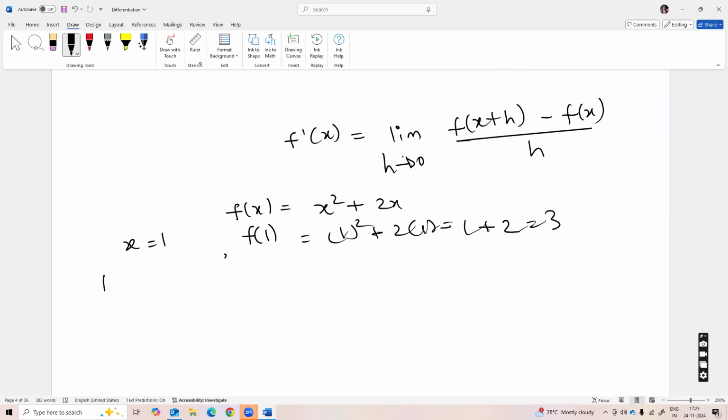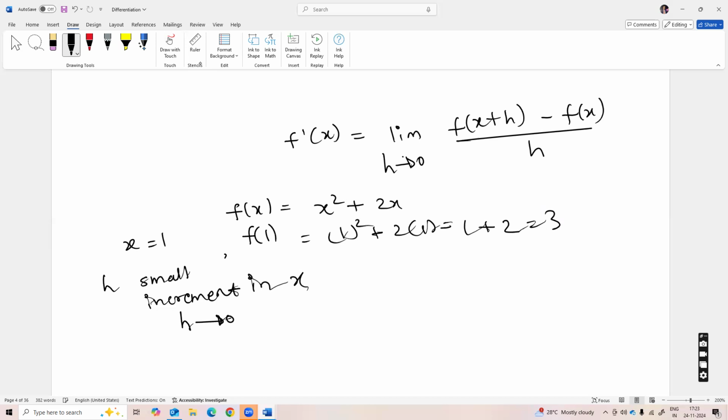So h here is a small increment in x. It is infinitesimal. Infinitesimal means it is tending to 0.